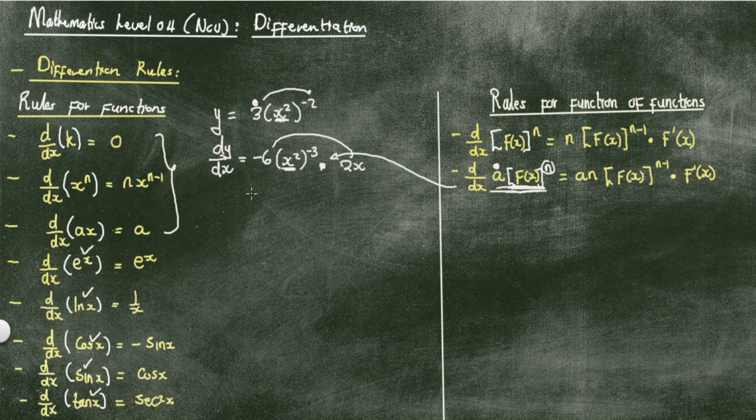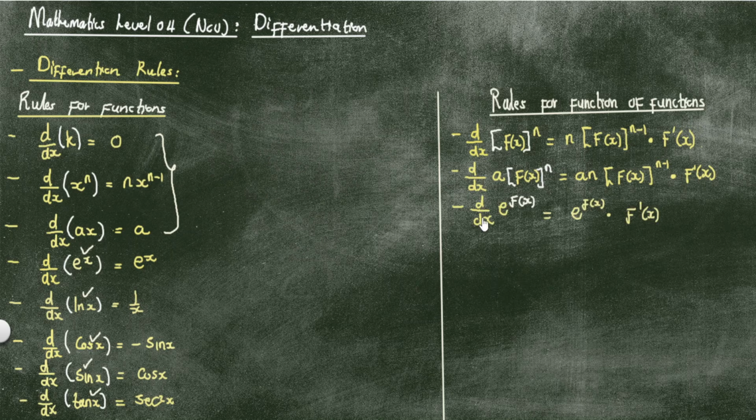So this times that gives me minus 12x in bracket x squared exponent minus 3. So we change the negative exponent to a positive exponent. So it's going to be minus 12x over x squared raised to exponent positive 3. Right? Next function.